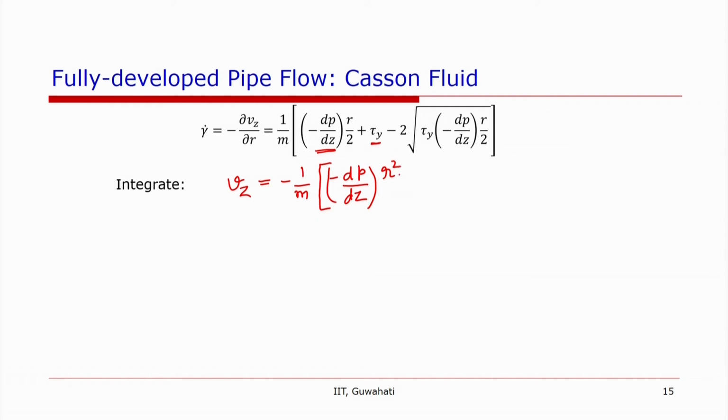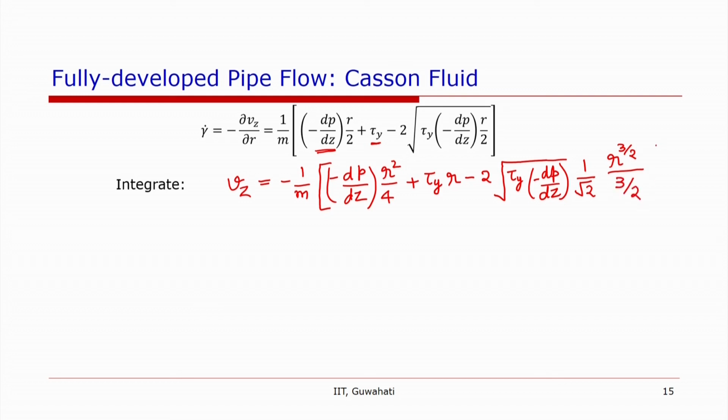R square by 4 plus tau y R minus 2 root of tau y minus dp by dz, now 1 over root 2, R to the power 3 by 2 divided by 3 by 2.